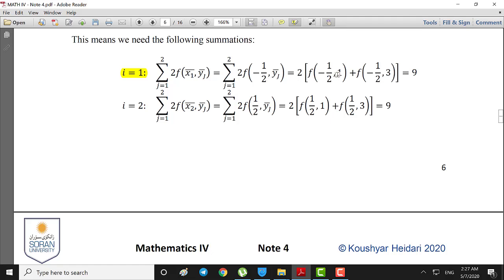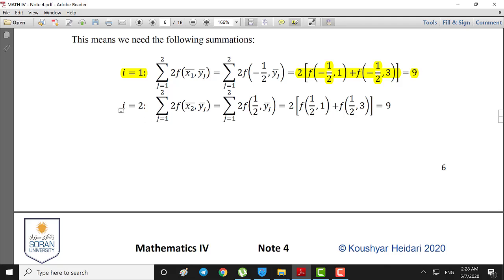y1 bar is equal to 1, y2 bar is equal to 3. So the value of this sigma is equal to 2 times f at minus 1 over 2, 1 plus f at minus 1 over 2, 3, which is 9.